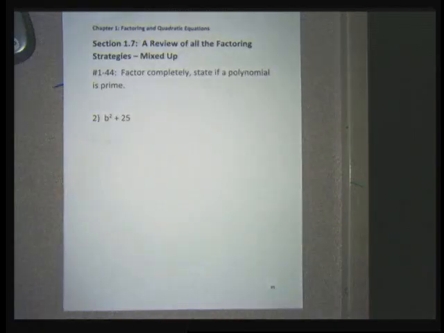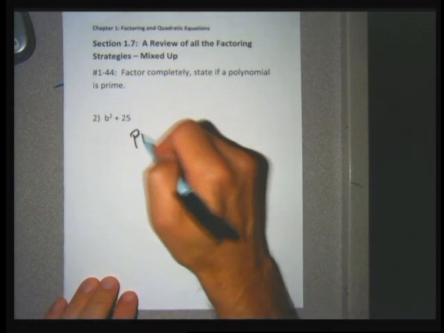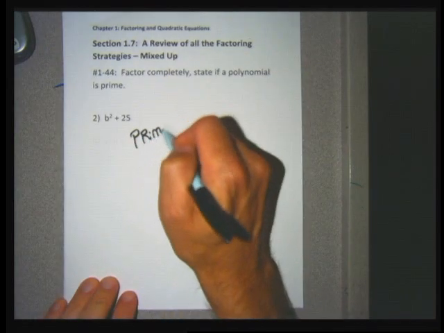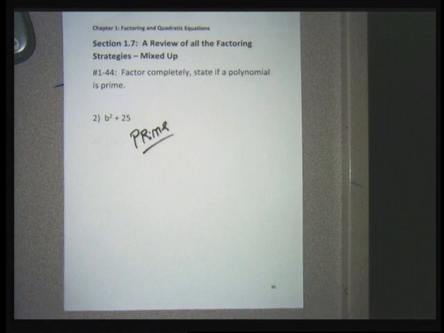Because this is a square problem with a plus, there's nothing I can do but say that it's prime. So for problems with 2 terms, first I try to figure out if they're a square problem or a cube problem, and then square problems with pluses are prime, square problems with minuses factor. This was a square problem with a plus, so it's prime.